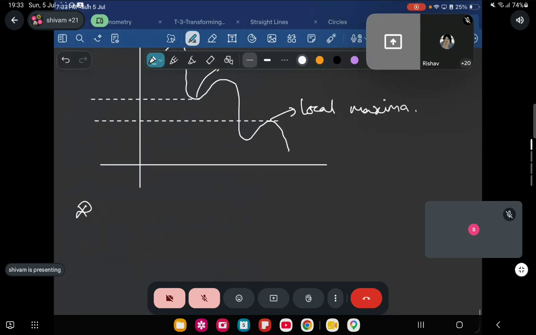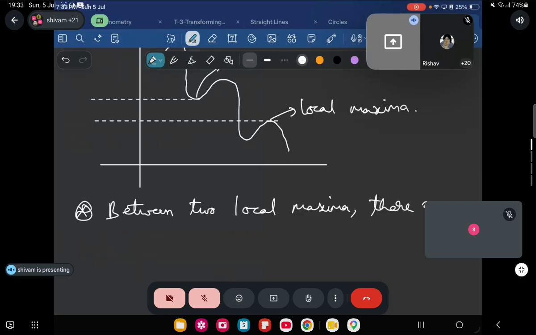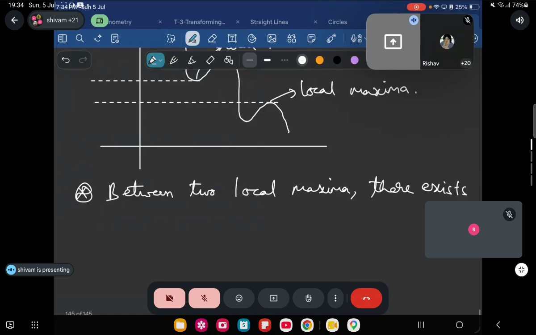Next, between two local maxima, there exists a local minima, generally.